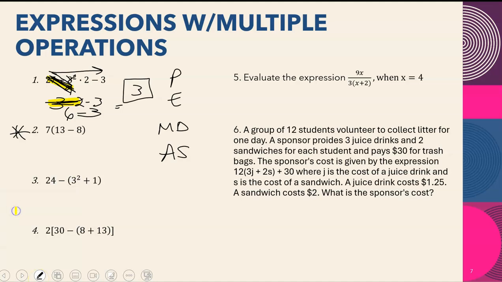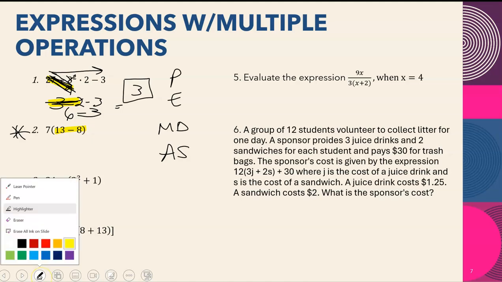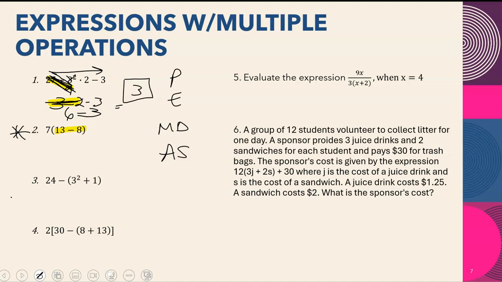So this is why we would still do the operations within the grouping symbol in this case. So 13 minus 8 would be first, ideally, to get 5. Now, what do the parentheses mean? The parentheses mean multiplication. So we simply have 7 times 5, which gives us 35.